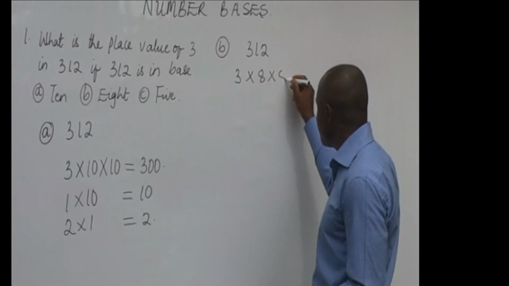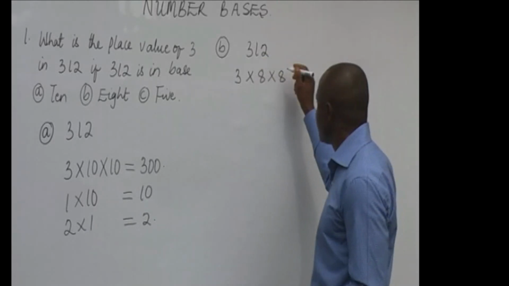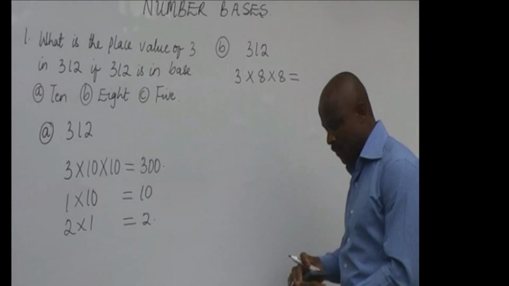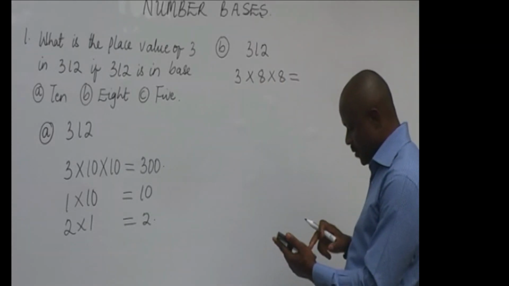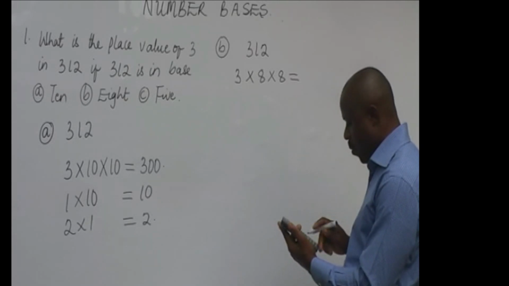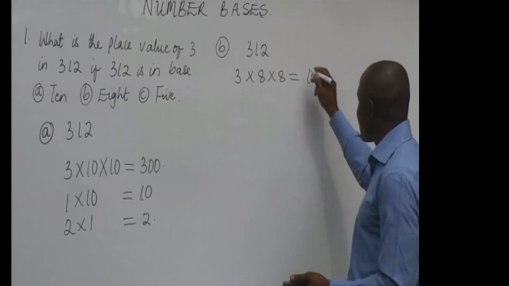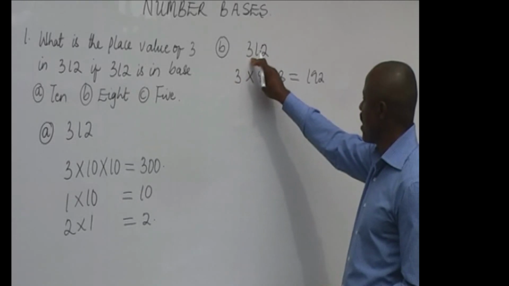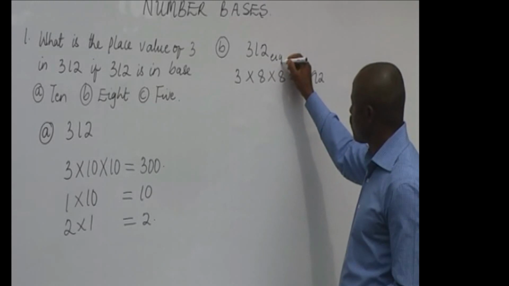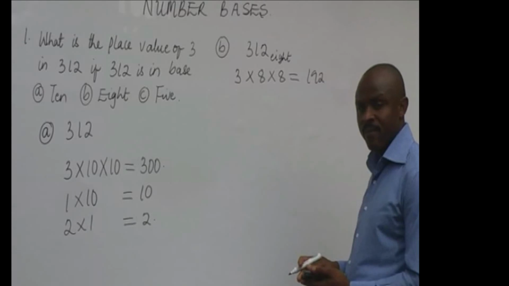And multiply it again by the same 8 because of the next digit. That is how to find it. So you're going to have 8 times 8 will give you 64. Now 64 times 3, 192. That means the place value of 3 in 312 base 8 is 192.